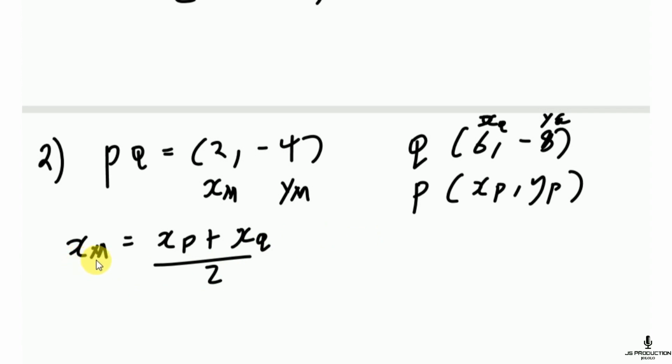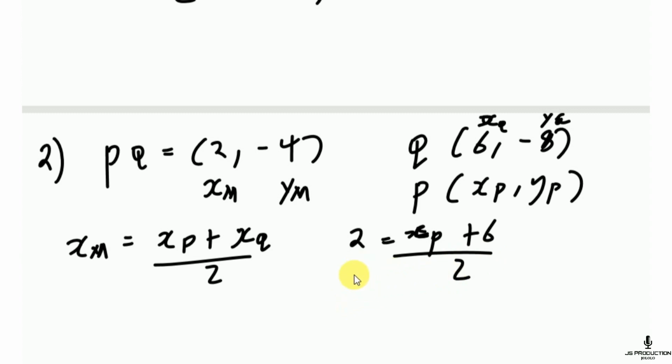We know xm is 2, so we can say 2 is equal to xp, which is the coordinate we're trying to calculate, plus xq, that's 6, divided by 2.